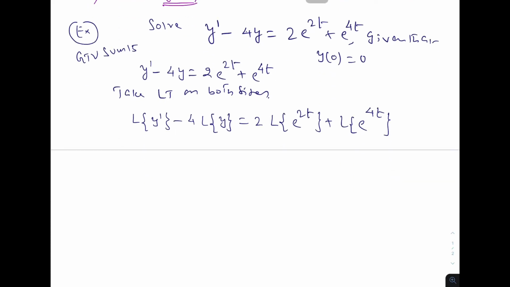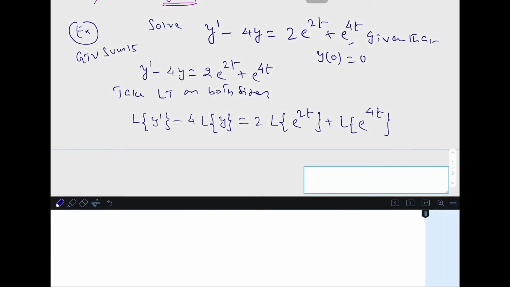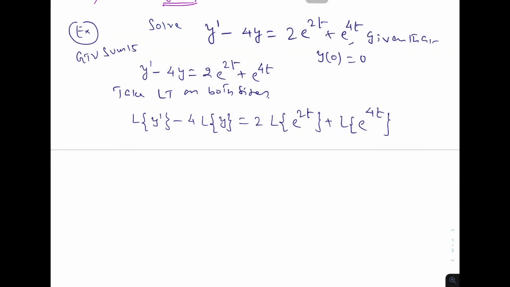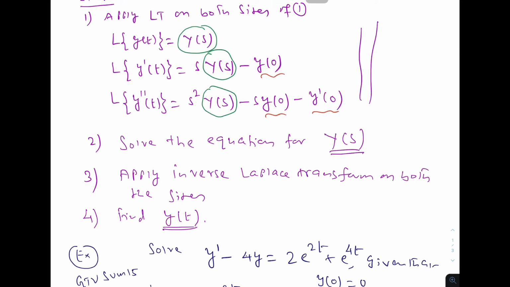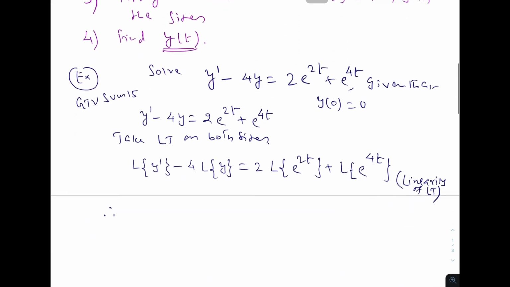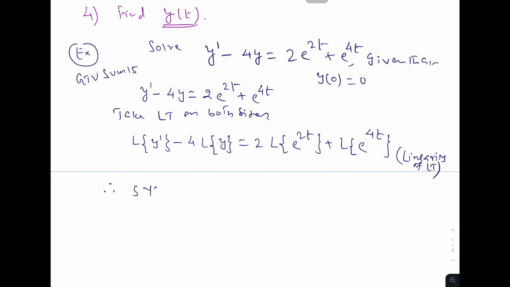We have used the linearity of Laplace transformation. Now what is the Laplace transformation of y dash? Laplace transformation of y dash is sY(s) minus y0.